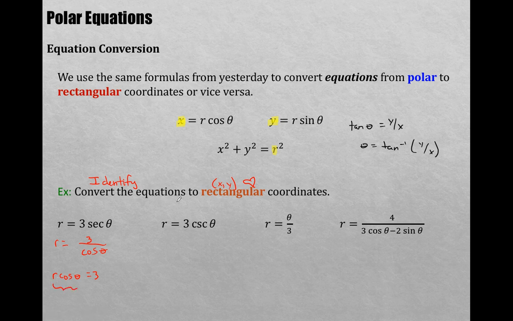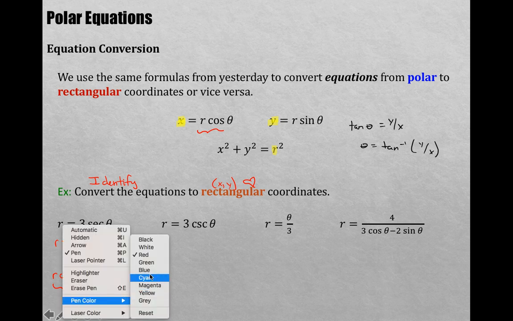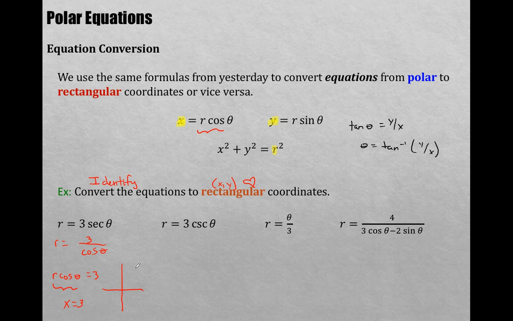R cosine theta is the same as x. And don't you recognize that graph? The slope is numerically undefined, but that graph is where x is always 3. This is the graph of a vertical line.